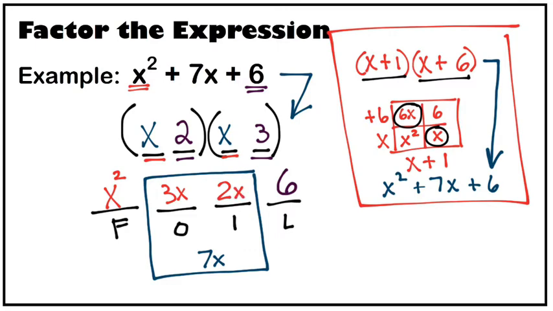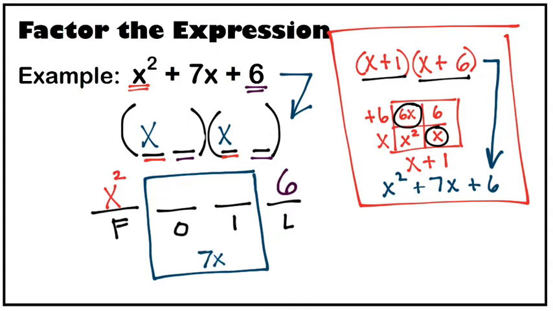When we combine that 3x and 2x, if one of them is positive and one of them is negative, we'll get 1. But we're looking for 7. And if they're both positive, we'll get 5. But we're looking for 7. So even though 2 times 3 is 6, 2 plus 3 is not 7. We're looking for a combination of numbers that multiply to 6 but add to 7.